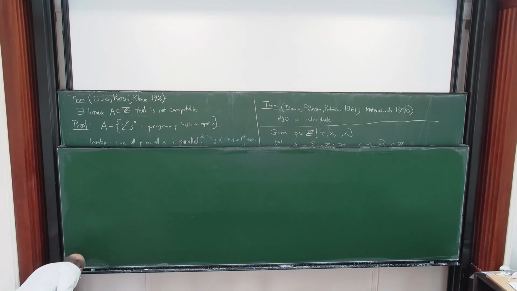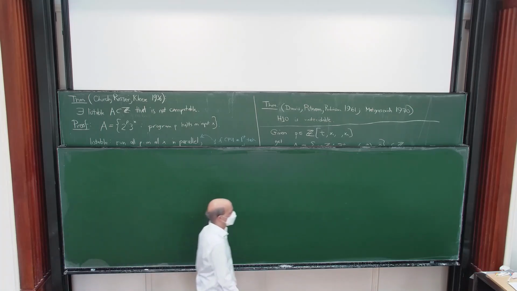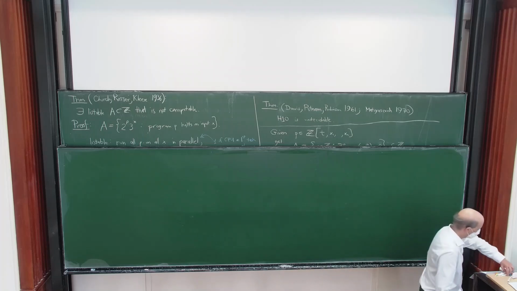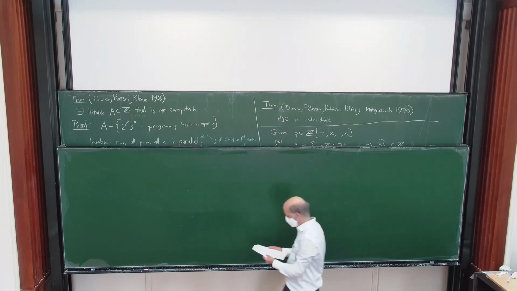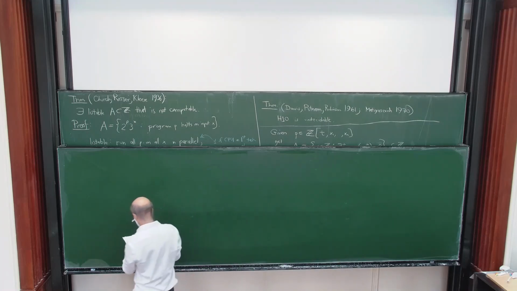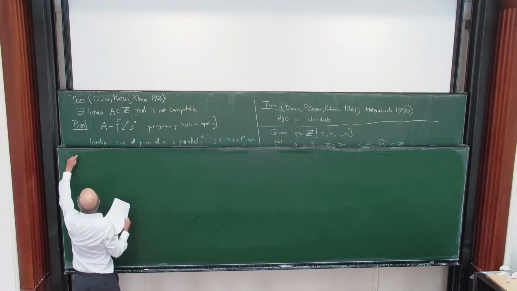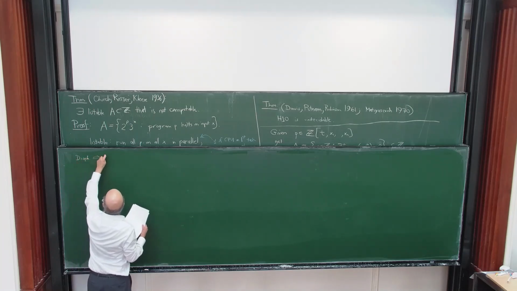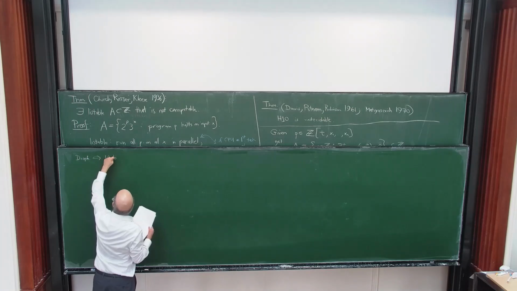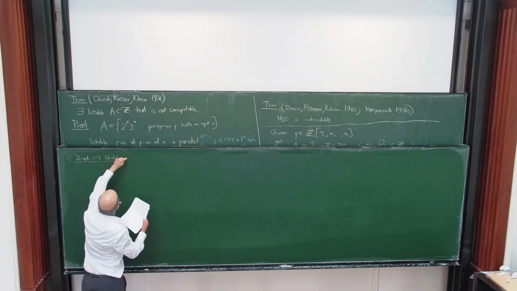Maybe I could just quickly say how that works. So Diophantine implies listable. How do you prove that?